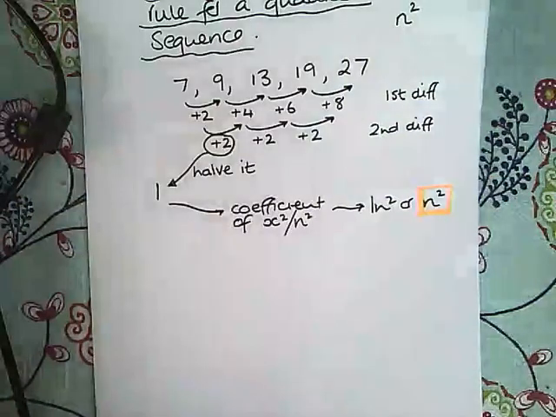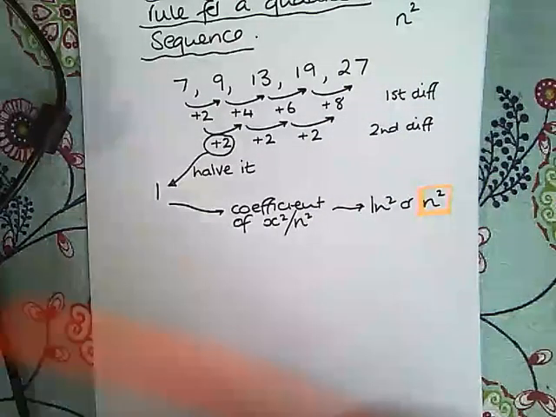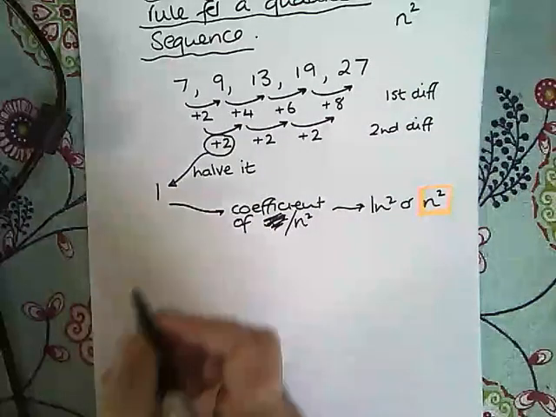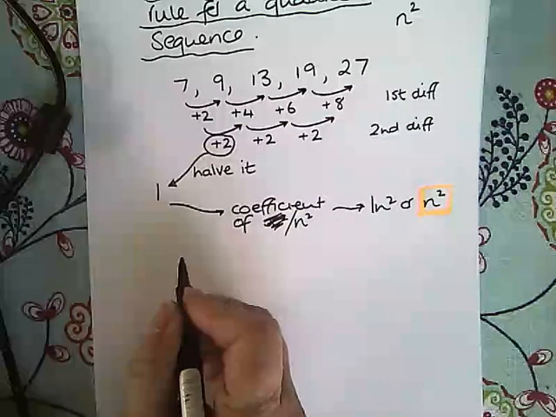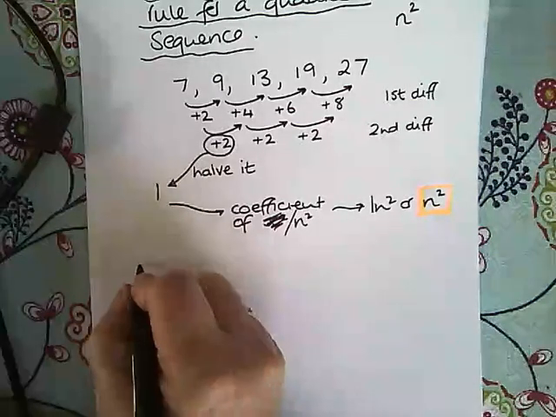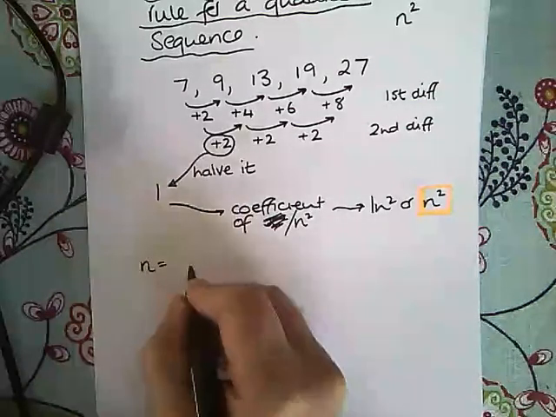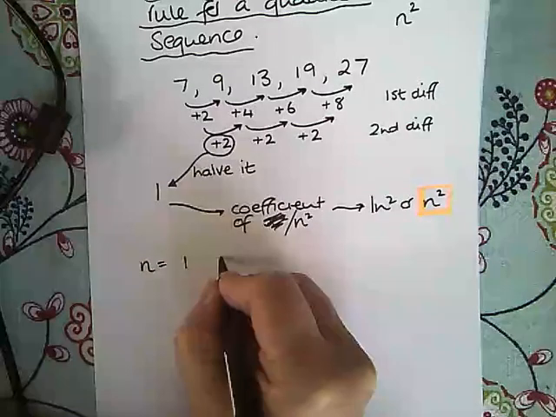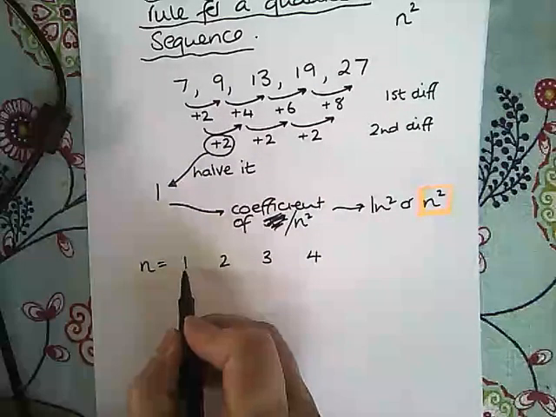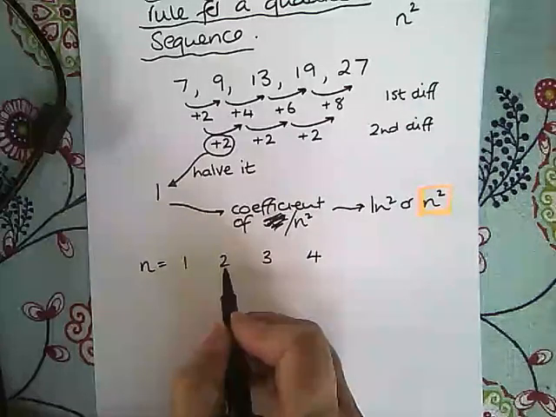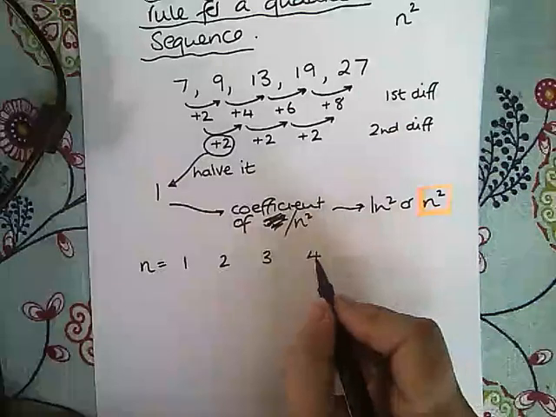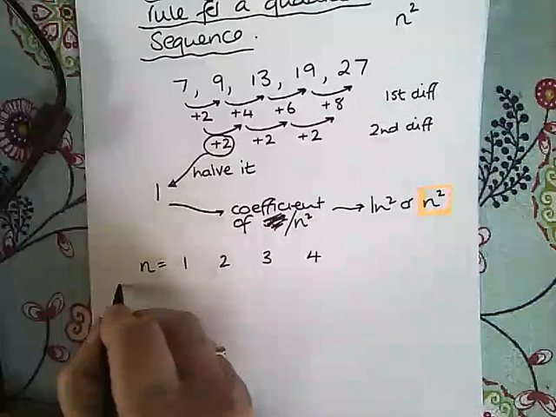We then need to go back to a table where we look at the sequence, the position of the sequence, which is the n number, 1, 2, 3 and 4. So this is the first term, n equals 1, the second term, n equals 2, the third term, n equals 3, and the fourth term, n equals 4.